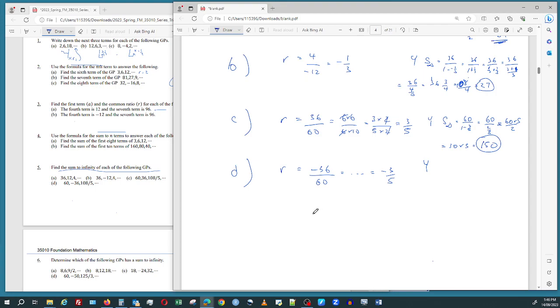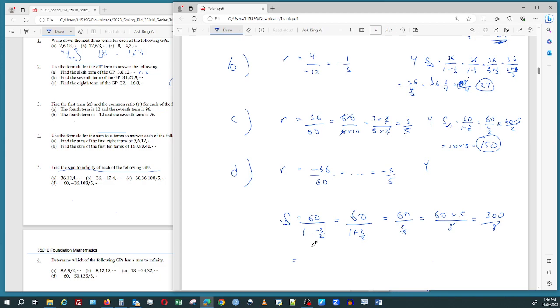And for this one here, 60 again is equal to 1 minus minus 3/5, which is 1 plus 3/5, which is 8/5. 60 divided by 8 on 5, which is, flip it, times 5 divided by 8, which is 300 over 8.